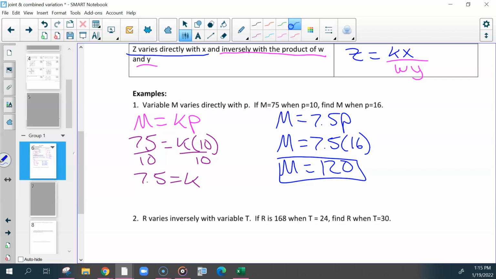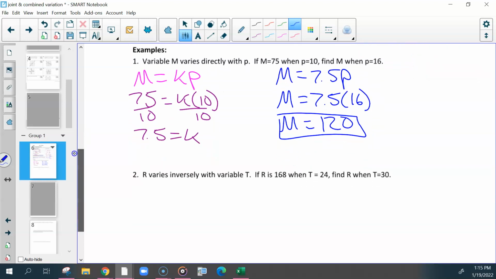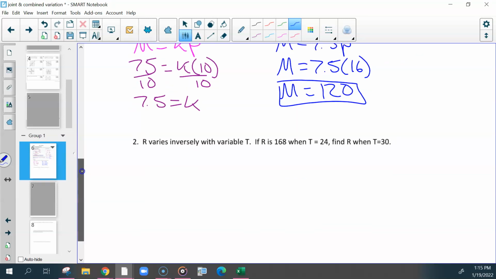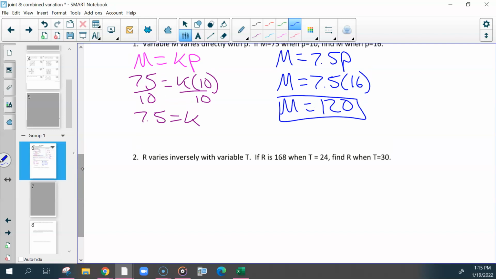You could have done this as the proportion, but what I don't want you to do is start to get confused as to how would I do the proportion or the equation method when we get to the combined examples, because that could get messy really fast. Questions on number 1 before we move on to number 2?